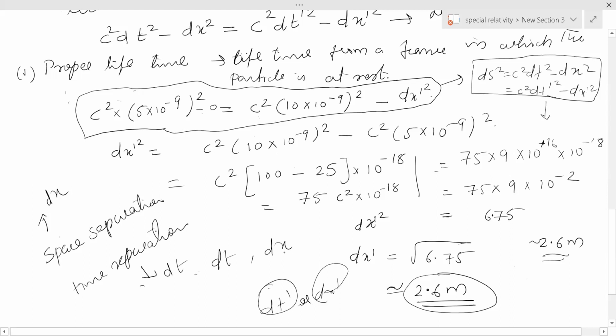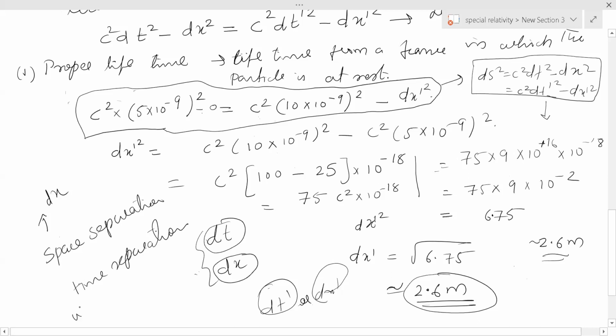Or they may ask you to find the proper time. What's the proper time interval? In some other question, the time separation between two events is given, and dx is also given. There are two events E1 and E2 which are separated by a time dt and separated by a distance dx.